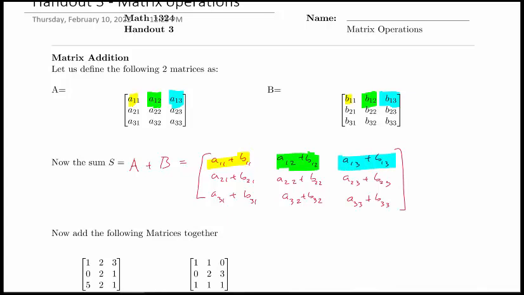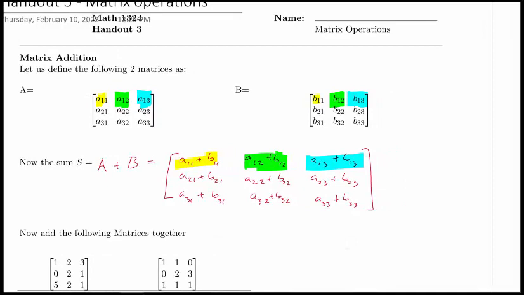Okay, so note that each element in the matrix will have a little S, a little star here that stands for element ij, right? So the ith row and the jth column equals Aij plus Bij. So it's the element ij in the S matrix equals Aij plus Bij.